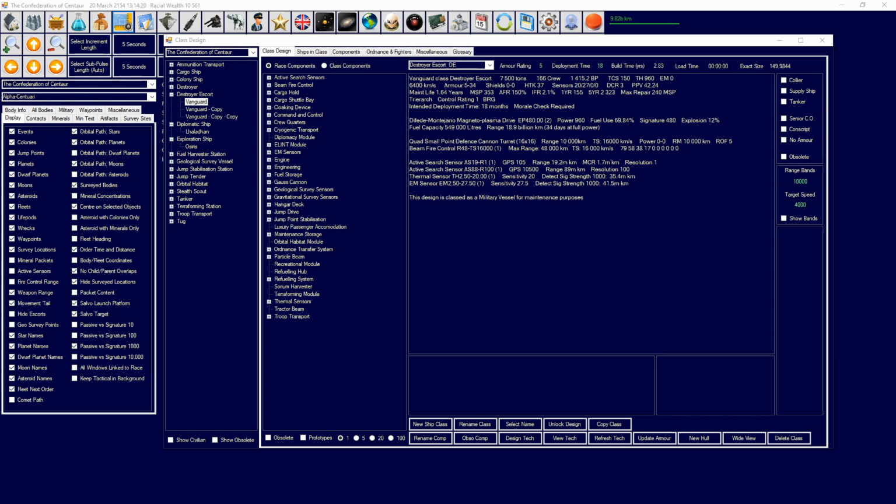And if you can satisfactorily answer all of those kind of questions, then you've got a good ship. And you can do things with that ship accordingly. So yeah, that's pretty much it for general ship design philosophy, for what you're going to be looking at and what you're going to be thinking.